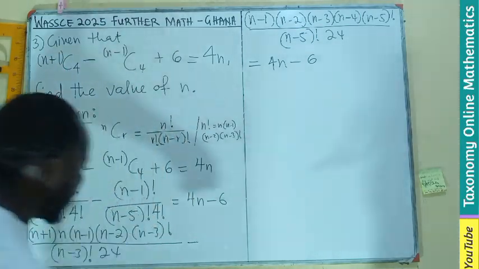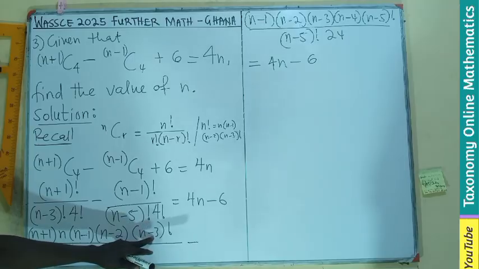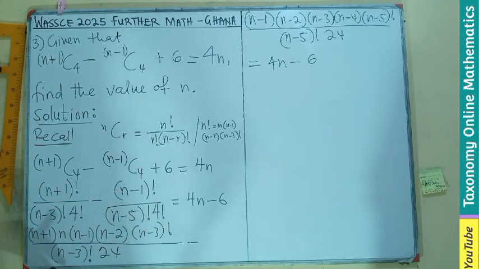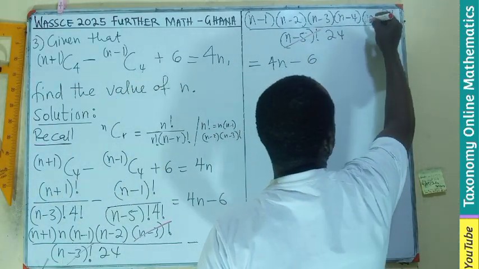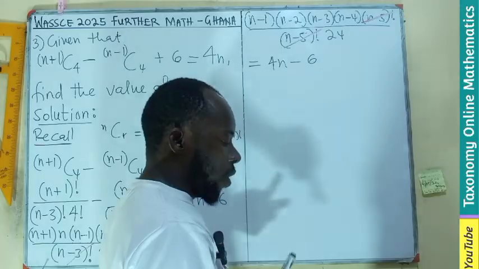Let's see if we can cancel the n minus 3 factorial. N minus 3 factorial, so this will cancel, this will cancel. N minus 5 factorial, n minus 5 factorial will also cancel.